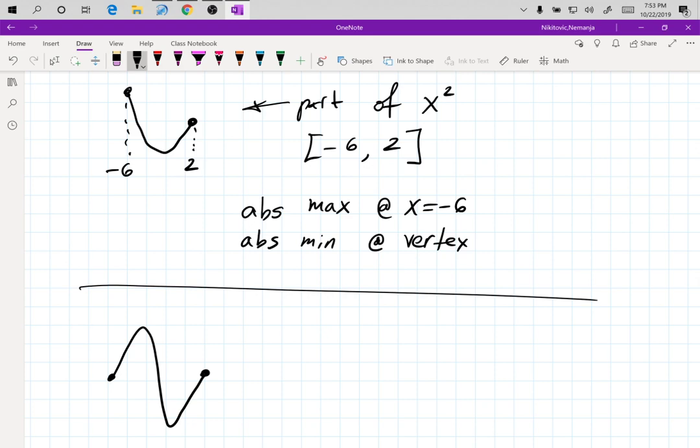And then the second category retains everything from the first category and adds an extra step, because when you have a restricted domain, you check those endpoints as well, because the problem can end up having absolute min and absolute max. So I'm just going to say ABS min max not at endpoints. There we go.